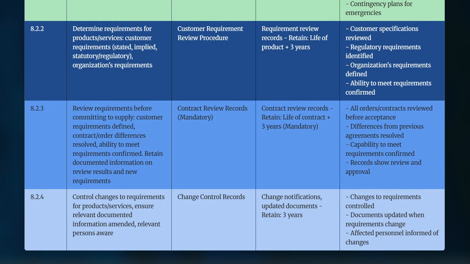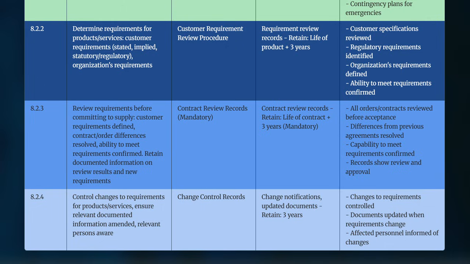This is a mandatory requirement. Along with it, retain the contract review records for the life of the contract plus 3 years. Examples of those requirements that you can present as audit evidence include all orders and contracts being reviewed before acceptance, differences from previous agreements being resolved, capabilities to meet requirements being confirmed, and records showing that you reviewed and approved. Those are examples of the requirements, and you can present them as audit evidence.